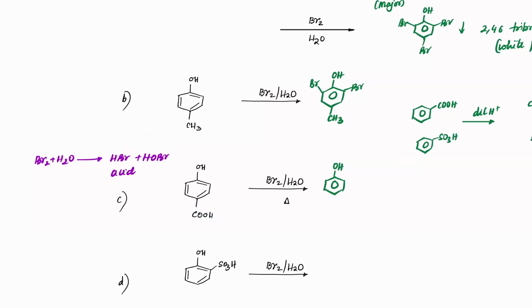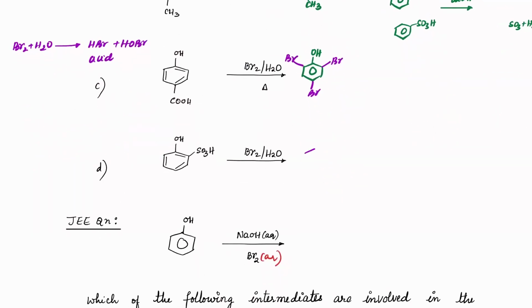And that will become the first step. And then continuing the bromination as usual, you will get this as 2,4,6 tribromo. Okay, so that's the important point you need to remember. Same way, bromine water is present here also. So that means you will get this as OH, Br, Br, and Br here as well. Okay.